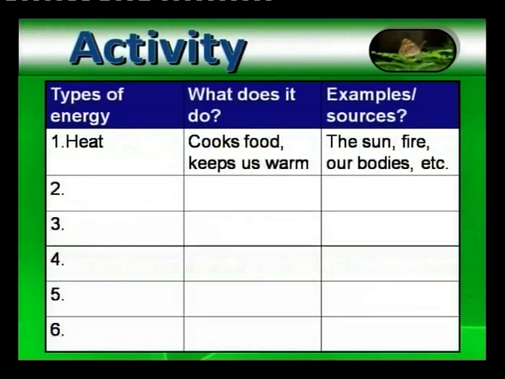So do that now. Draw the table into your exercise books. Okay, you have 3 columns there. Column number 1, types of energy. Column number 2, what does it do? And column number 3, examples or sources. And you have one example given there. The type of energy is heat energy.